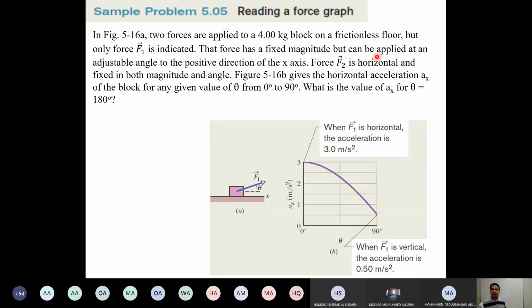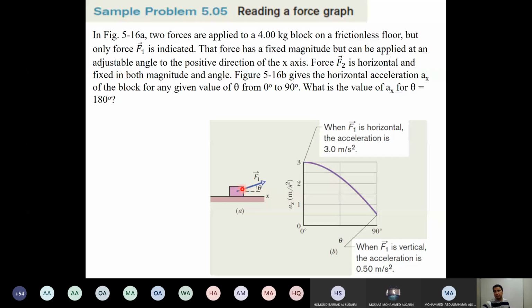This figure, which is figure A here, shows two forces applied to a 4-kilogram block on a frictionless floor, but only force F1 is indicated.